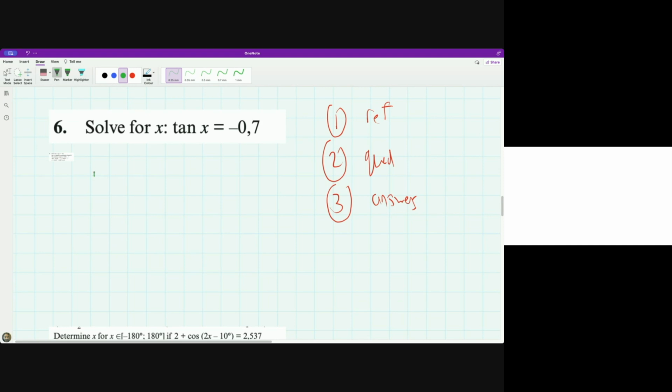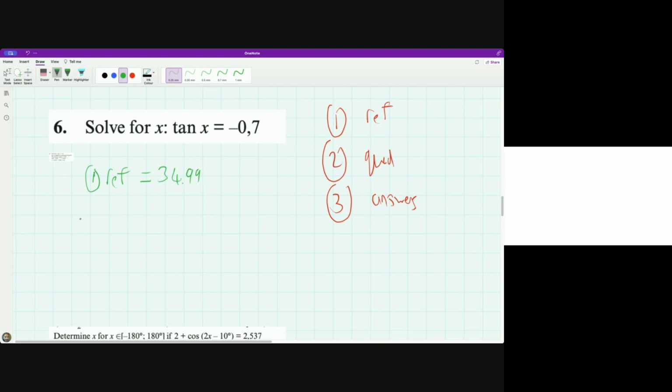So the important thing for step 1 is when you're finding a reference angle, you need to ignore the negative because you take care of the negative in step 2 with the quadrants. So shift tan 0.7 and I get 34.992.